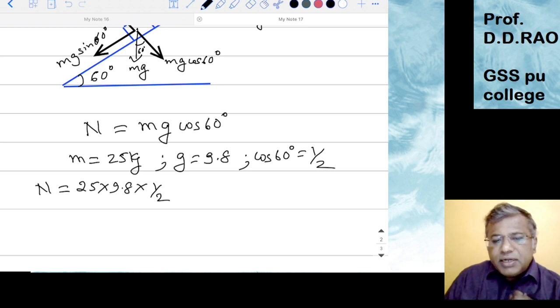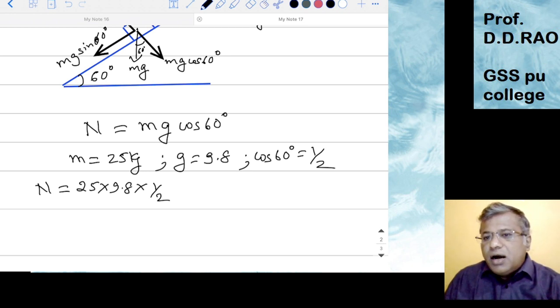When you do this calculation, 25 into 9.8 divided by 2, you will get 122.5.